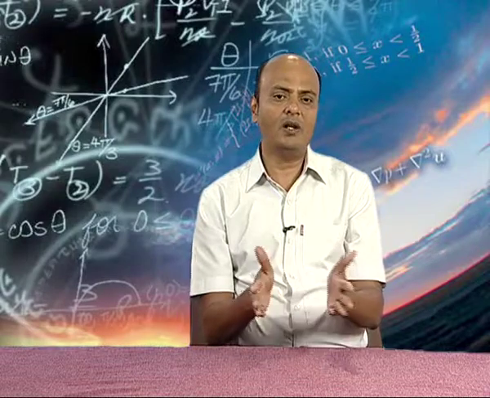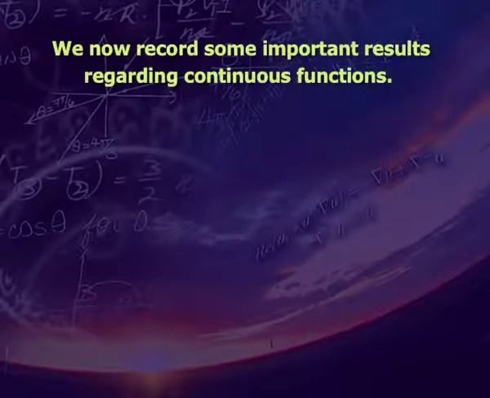For investigating continuity of such functions, we cannot rely on their graphs, but have to follow the definition. Using the definition of continuity, it is not difficult to establish that the given function is continuous only at the origin. We now record some important results regarding continuous functions.